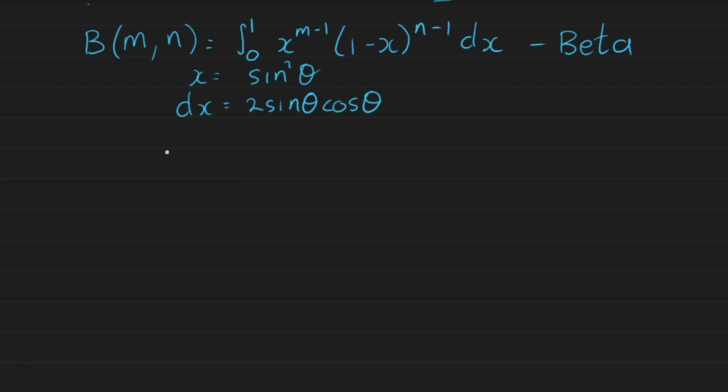So we're going to substitute this in. So B, the beta function of m and n, is going to equal this integral, and we have to change the bounds. So x equal to 0 is the first bound, and when x is equal to 0, it can only happen if theta is equal to 0.